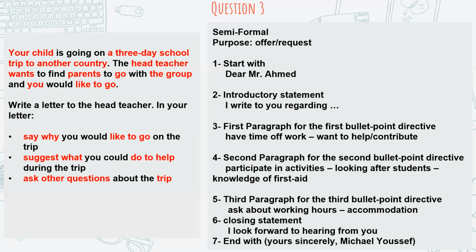I look forward to hearing from you, and yours sincerely, and of course you have to use your name, Michael Yusuf, or something. Don't say just Michael, because it doesn't make any sense. If you end your paragraph with Michael, then you have a problem here. I mean, who is Michael?